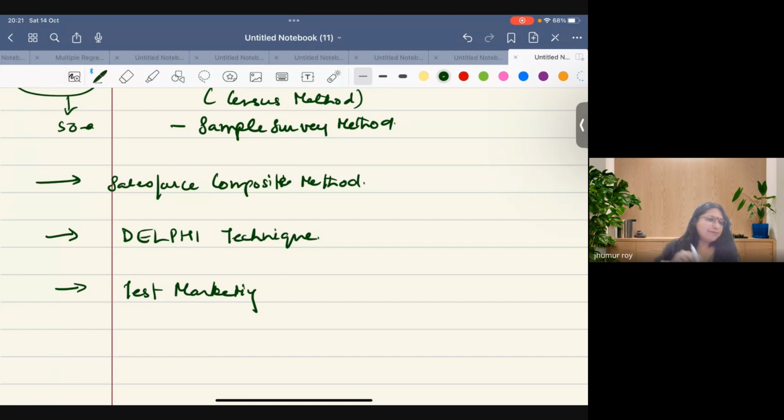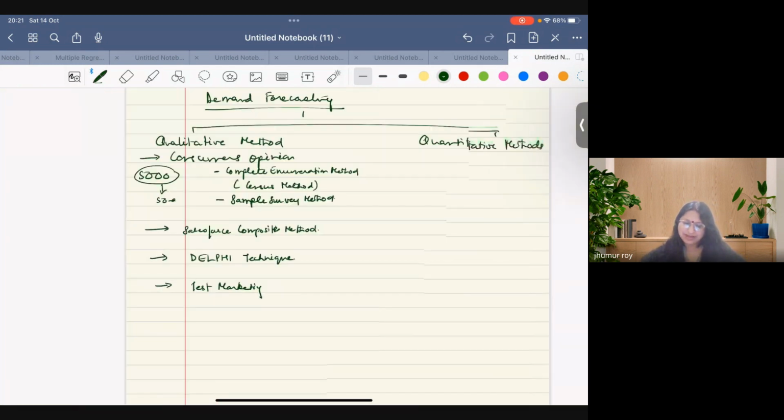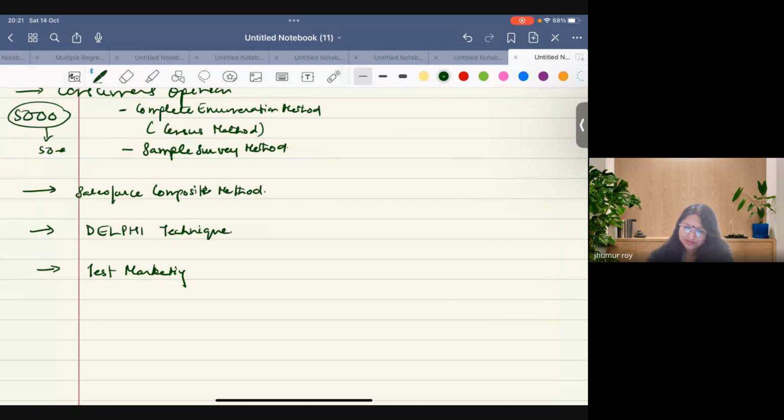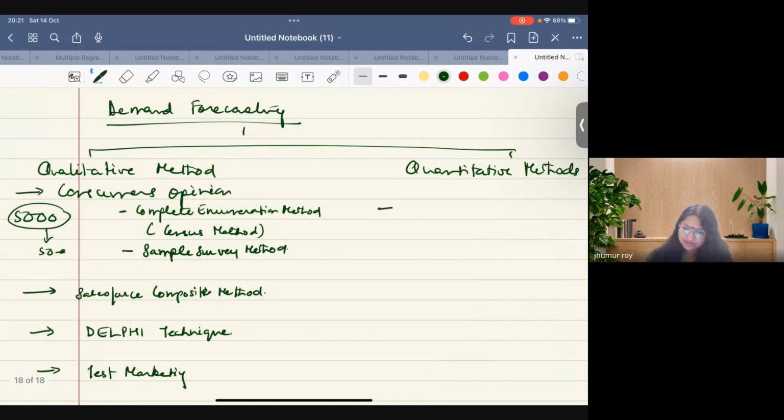So these are some of the important qualitative methods. There are many more. Actually, if you see the methods of demand forecasting, they're very, very huge. Now, it's not possible to actually cover so many methods over here. So next we come to quantitative methods. Under quantitative methods, I will deal with 2 kinds of sums.